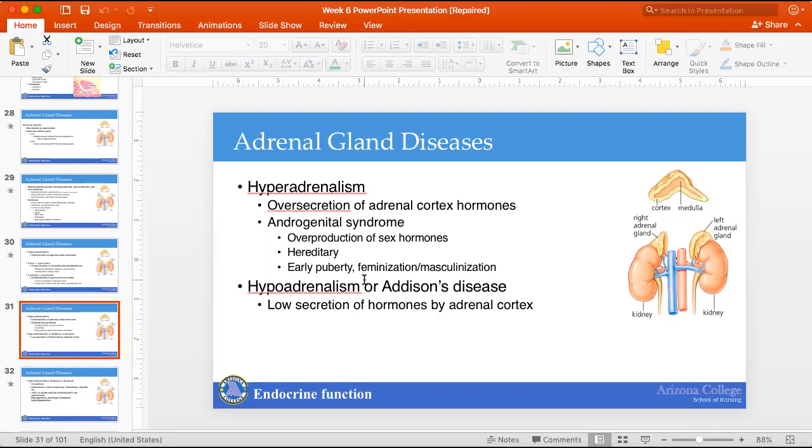Hypoadrenalism, or Addison's disease, is a low secretion of hormones by the adrenal cortex.